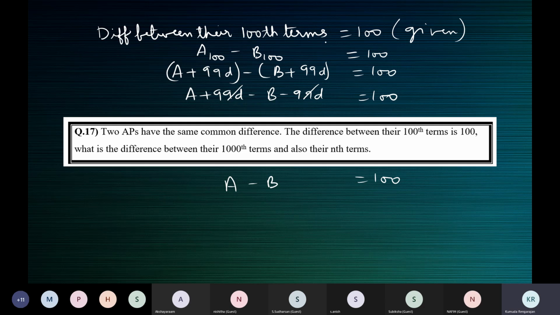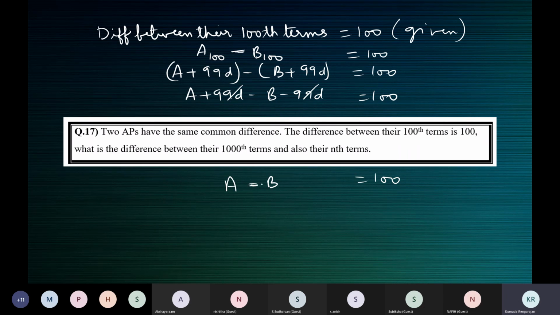The difference between their 100th terms is given to be 100. Working this, A100 minus B100, because difference means minus, is 100. So A plus 99D minus B plus 99D is 100. Continue working this and you get A minus B equal to 100. A is the first term of the first AP and B is the first term of the second AP.